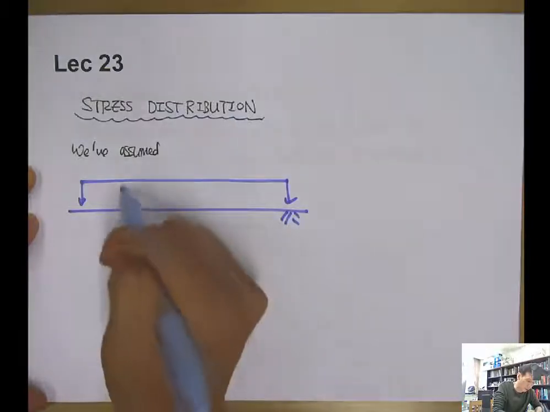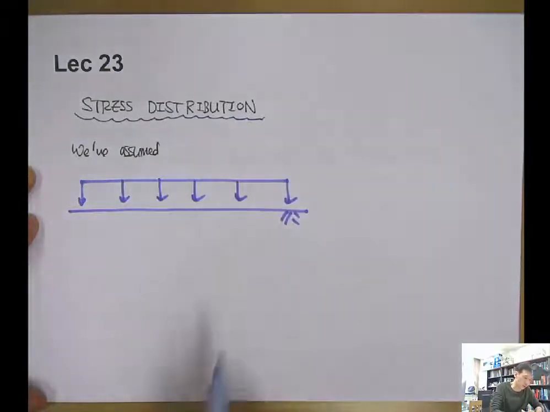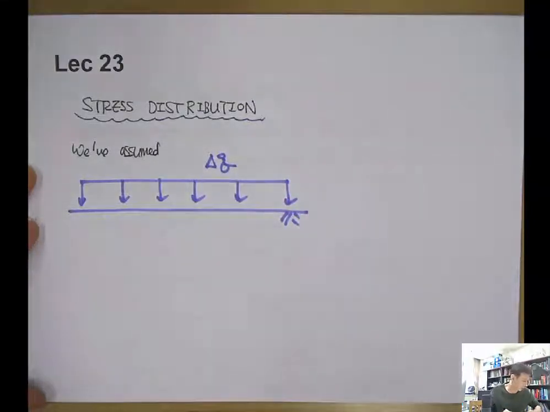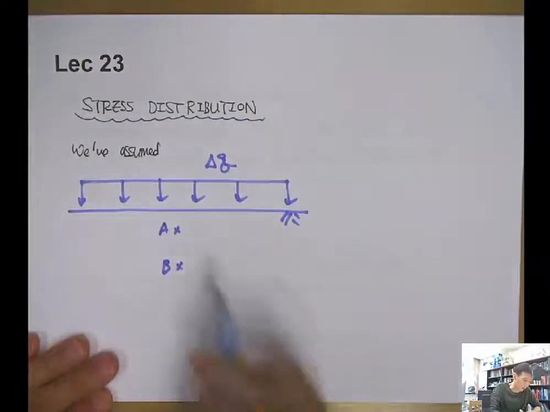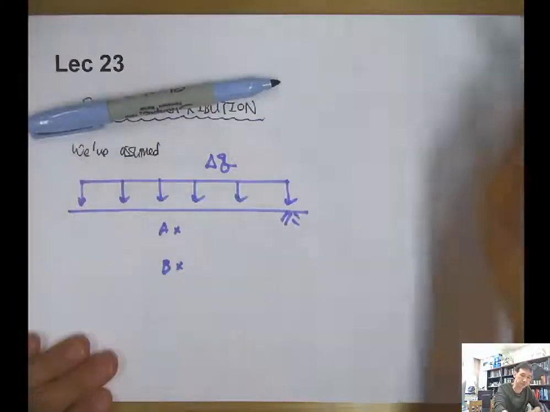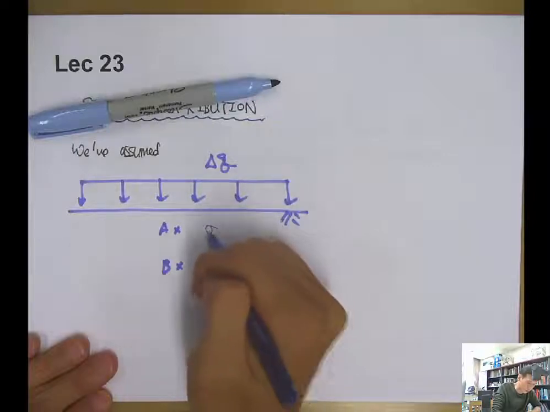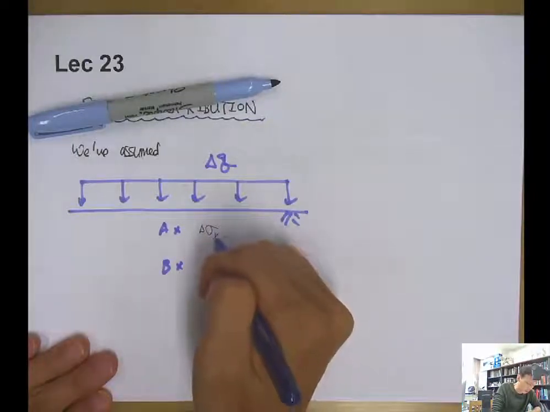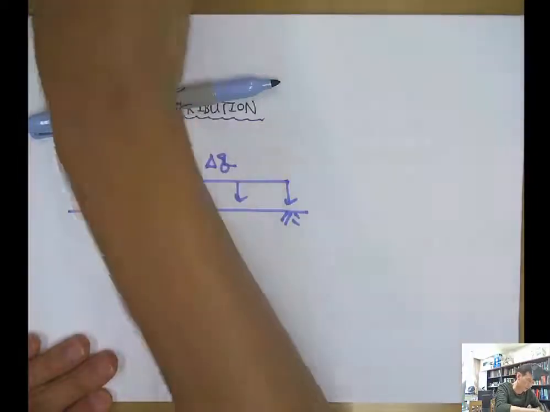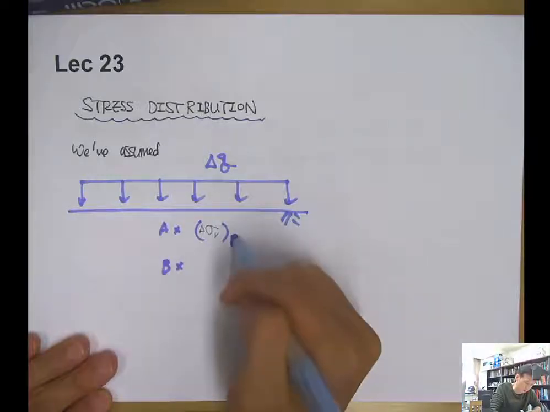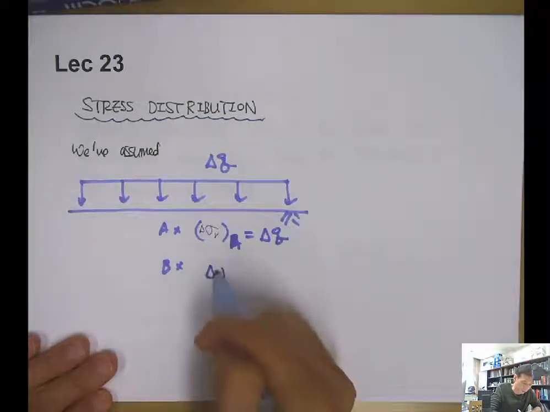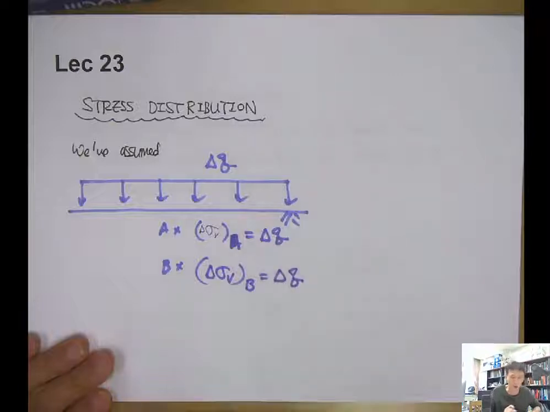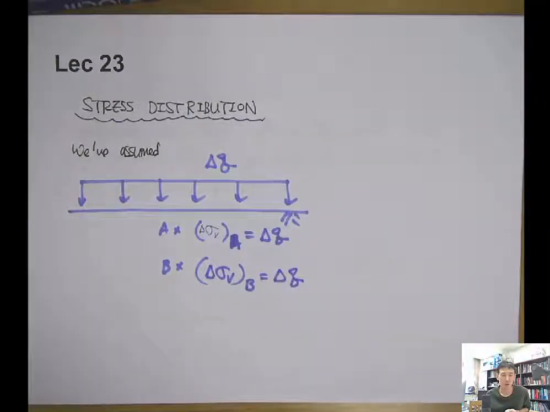If this is the ground surface, and we have a total stress increment of delta Q at the surface, at location A and location B, the vertical stress increase, delta sigma V, at A is the same as delta Q. And at deeper depths also, it will be the same as the total stress increment at the ground surface.